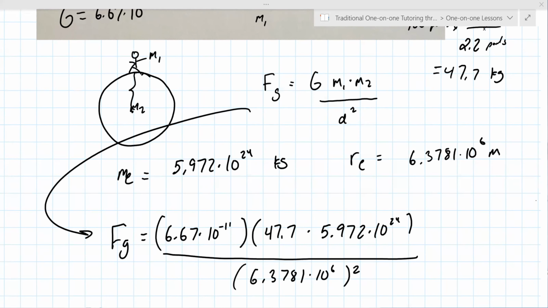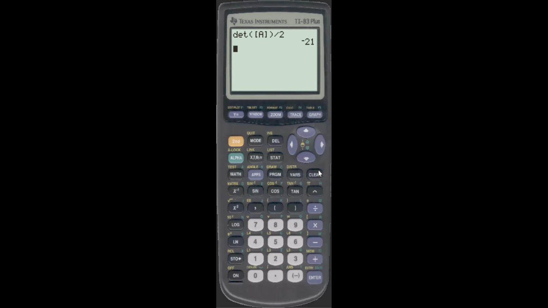There it is. Okay, turn your calculator on, clear. All right, so it's parentheses 6.67 times 10 caret negative 11. Now maybe your instructor talked to you about E, like E minus 11? Yes. Okay, you can do that. Do you want me to do that? Yes, please. Okay, let me find it. They never do this.